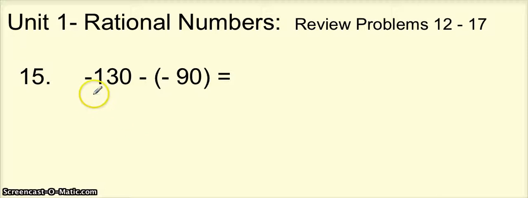All right, in problem 15, we have negative 130 minus negative 90. We're perfectly fine here. There's one sign in front of 130. However, there are two signs in front of the 90, and we only want one sign. So negative times a negative will give me a positive, so I can replace those two negatives with one positive. So now this is really positive 90. Bring down the first term.